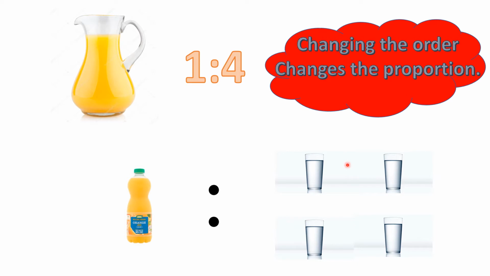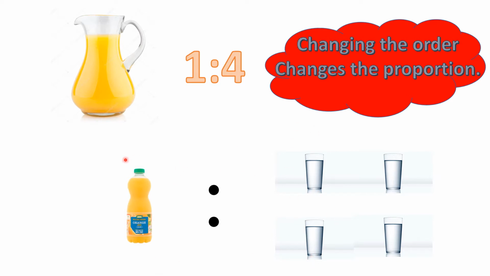And as I mentioned earlier, the order is very, very important, because by changing the order, you will be changing the proportion. Just imagine for a recipe, if you wanted to make some orange squash, and the recipe was, for every 1 part of orange juice, you have to use 4 parts of water, but you get it the other way around.